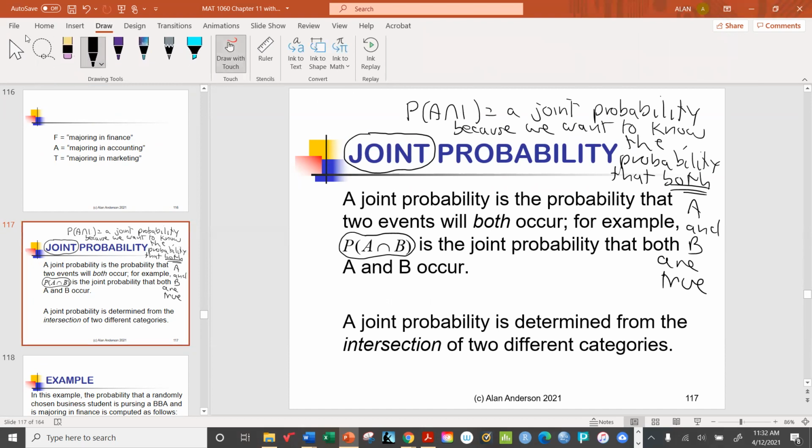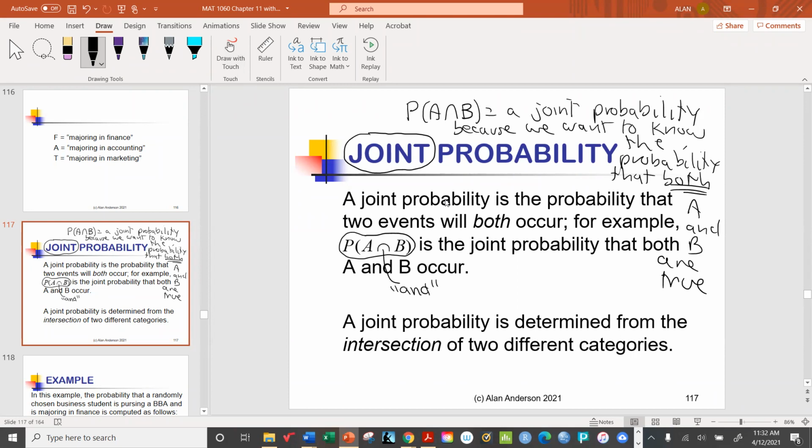And we've seen this represented before as the probability of A intersect B. And you might recall that this symbol for intersection is often replaced with the English word "and" because it means the same thing.